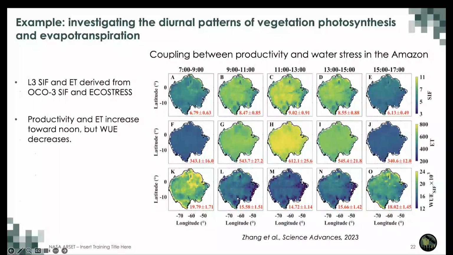You can see that both SIF and evapotranspiration increase toward noon time and decrease toward the afternoon. That's because we have more sunlight, so you have more productivity, but at the same time you release more water. But water use efficiency actually decreases close to noon time. That means the plant is more water stressed close to noon, and also means it needs more water to fix the same amount of carbon at noon relative to the morning.